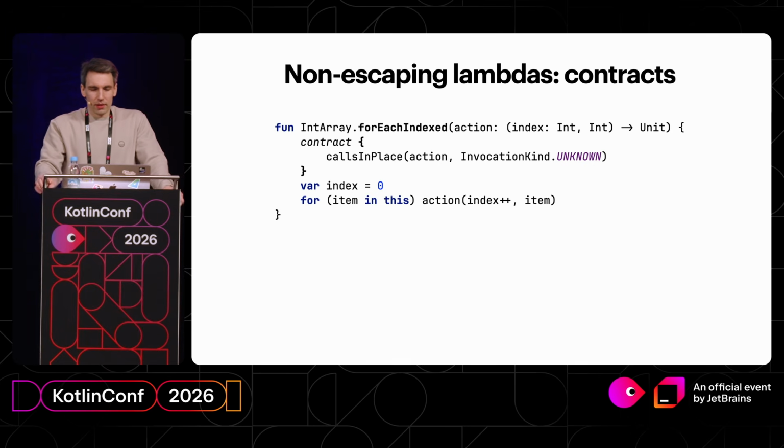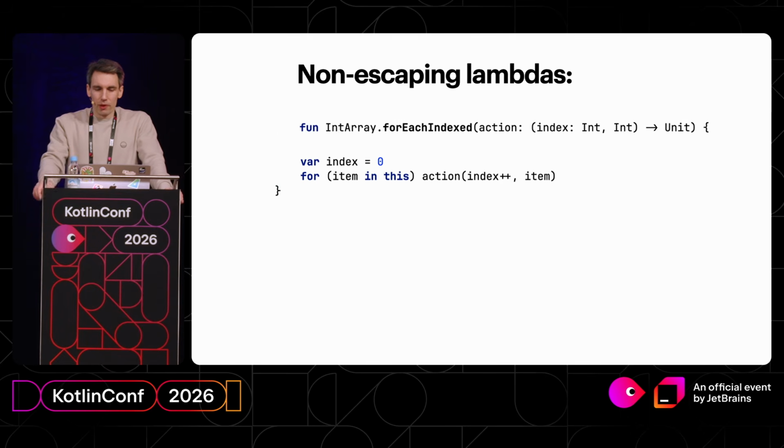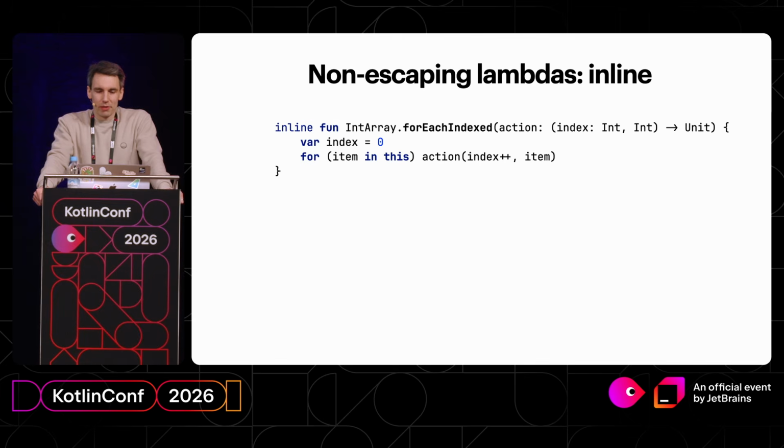However, we also have inline functions. And surprisingly, inline functions capture the right defaults. Because they are inlined at the call site, we cannot store this lambda anywhere. And what we did in 2.0 is that we said this contract block and inline functions are basically the same.